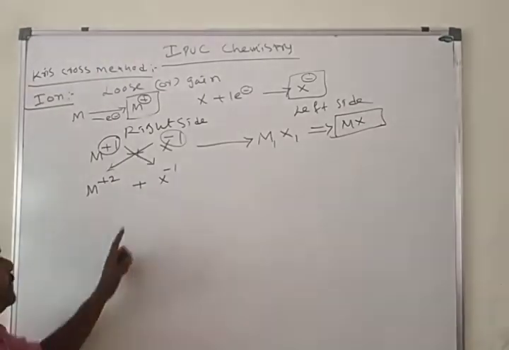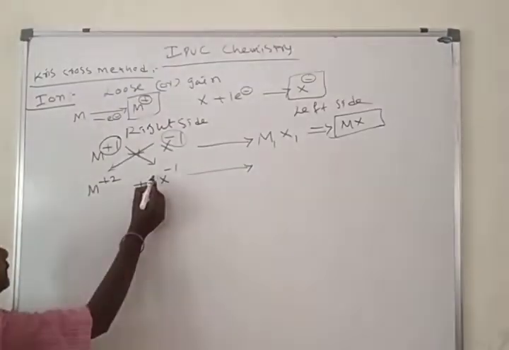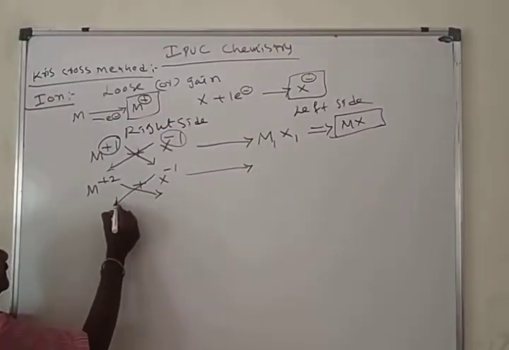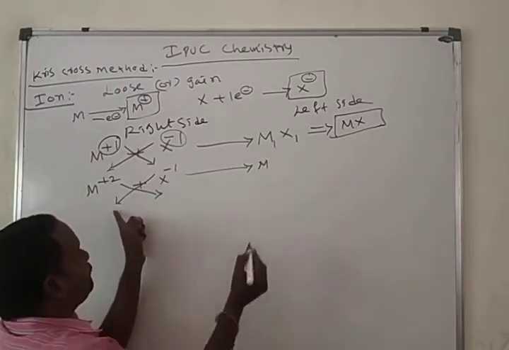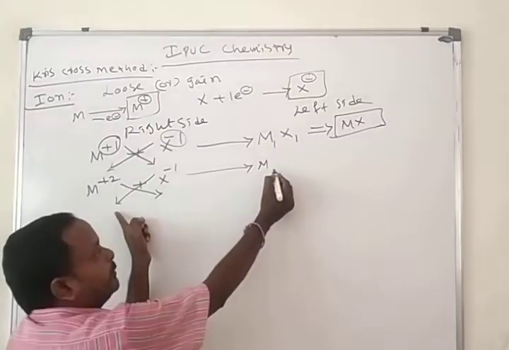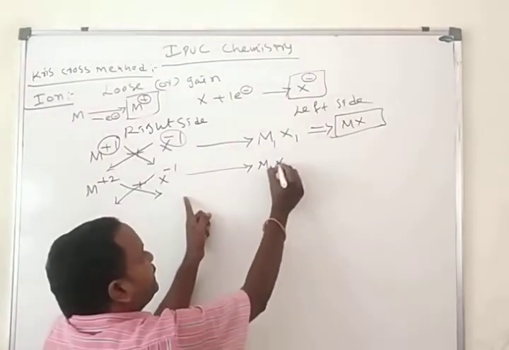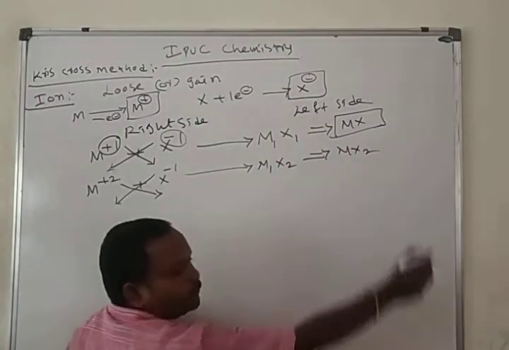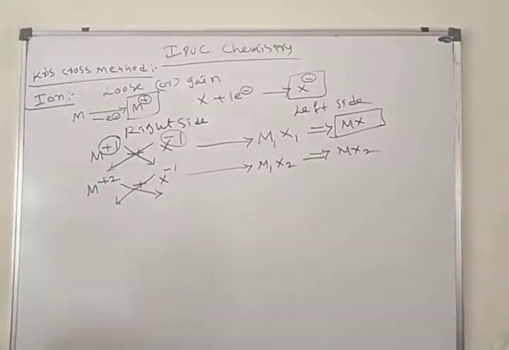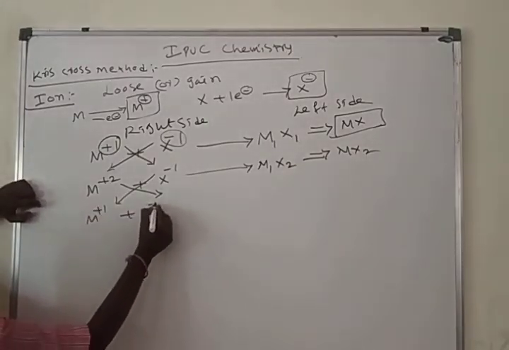Here M plus 2, and the charge of X is 1. So plus 2 here, 1 here. M1X2, which may be written like this: MX2. Suppose for example M plus 1 is there and X minus 2 is there.